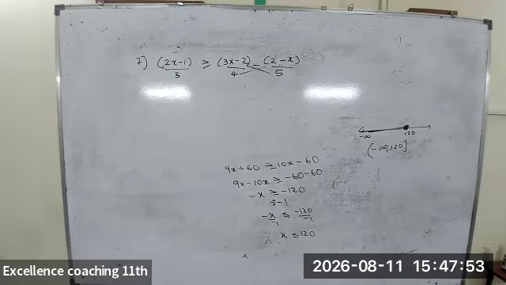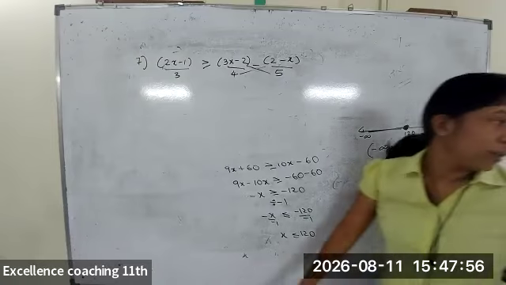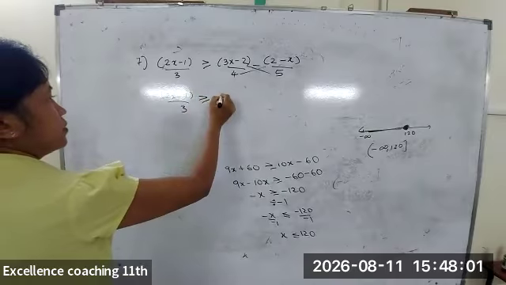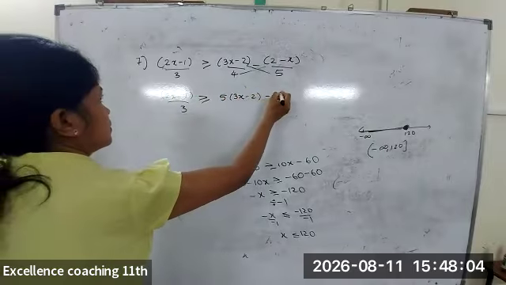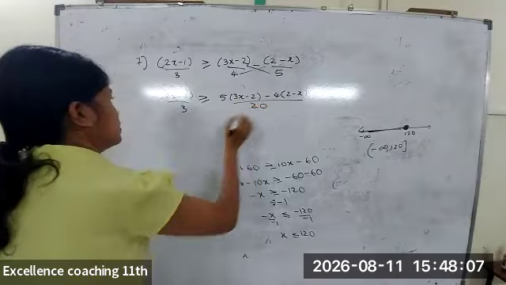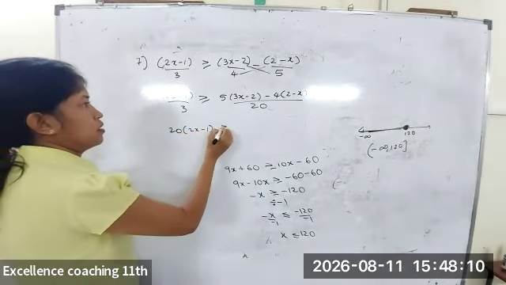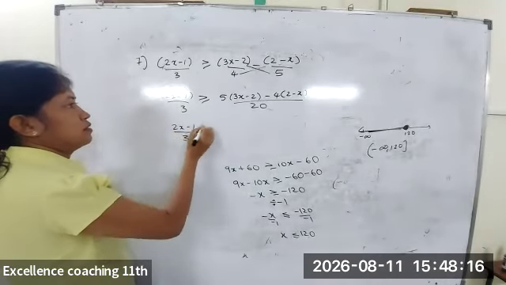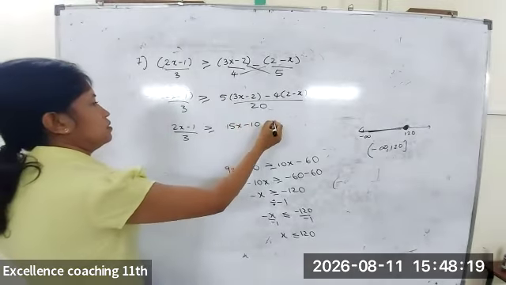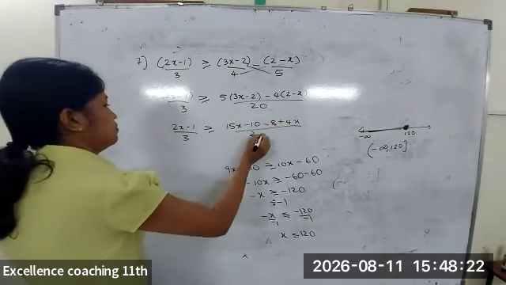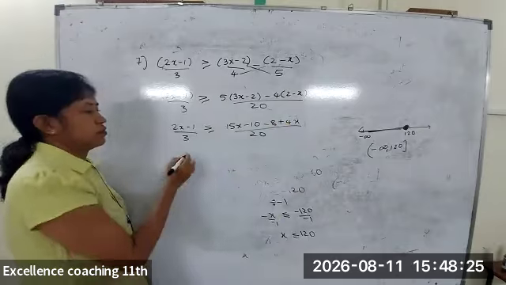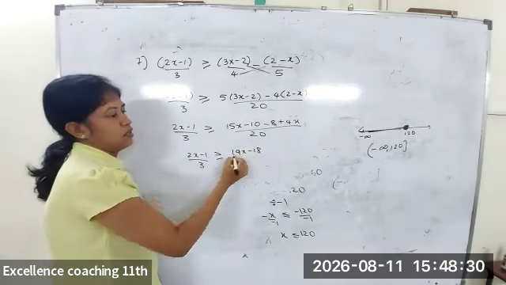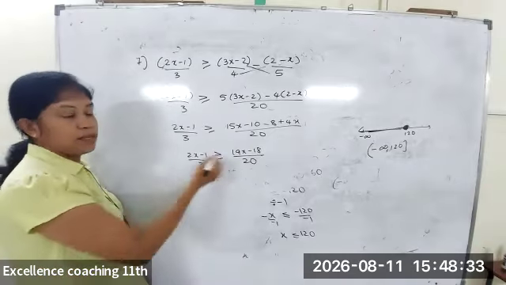So everywhere you write 20, upon 20. Now cross multiply again.